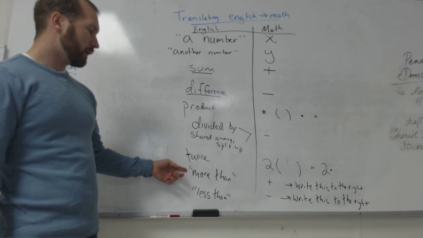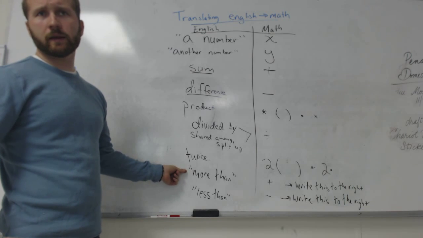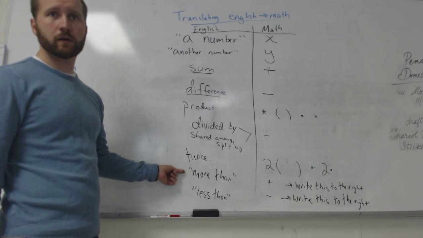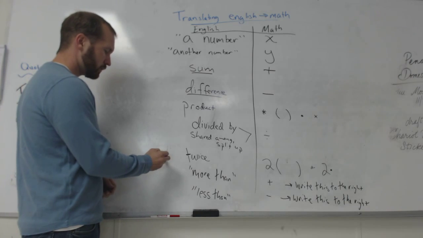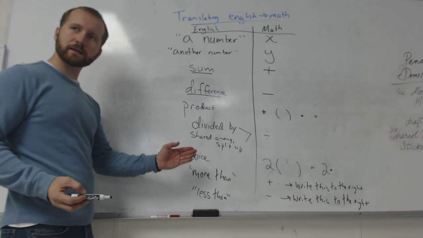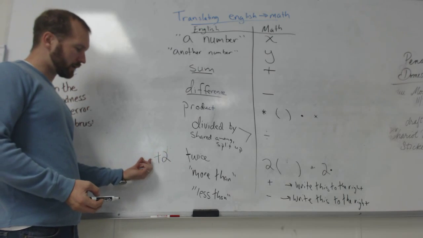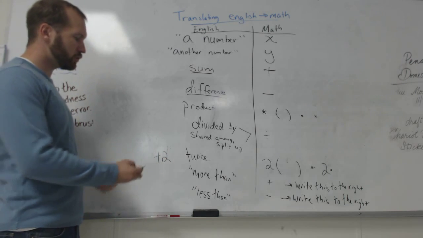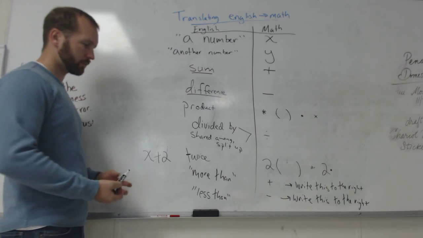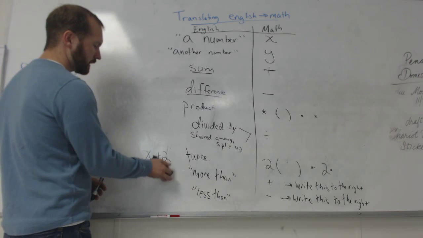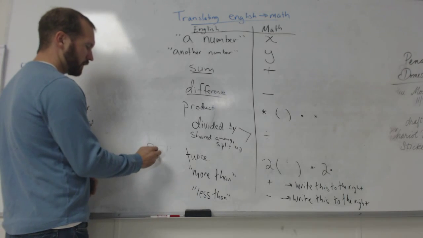So for example, if I said 2 more than a number, when I see "2 more than," that means plus 2. But if I'm writing a sentence, I'm going to write that over to the right, and I'll write the other number to the left. So 2 more than a number would be x plus 2. Or if it said 2 more than 5, I would write 5 plus 2.